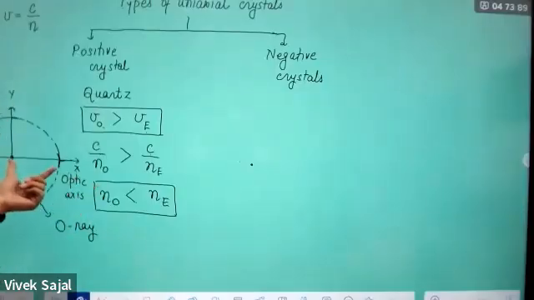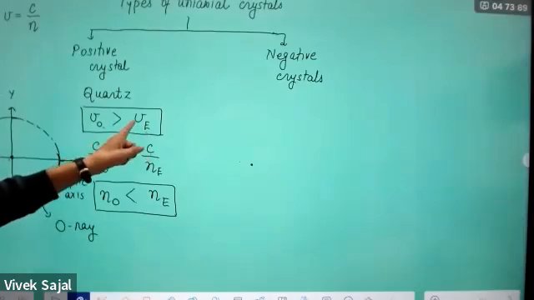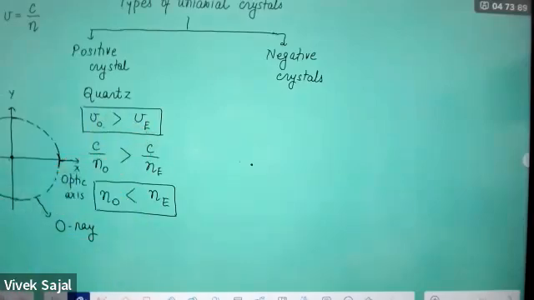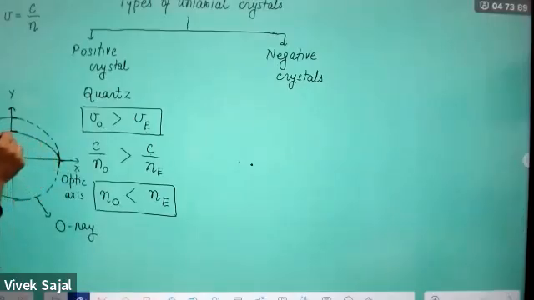In other directions, the speed of the E ray, the extraordinary ray, is less. So except along the optic axis, in other directions it will lag behind. So this type of wavefront you are going to find.